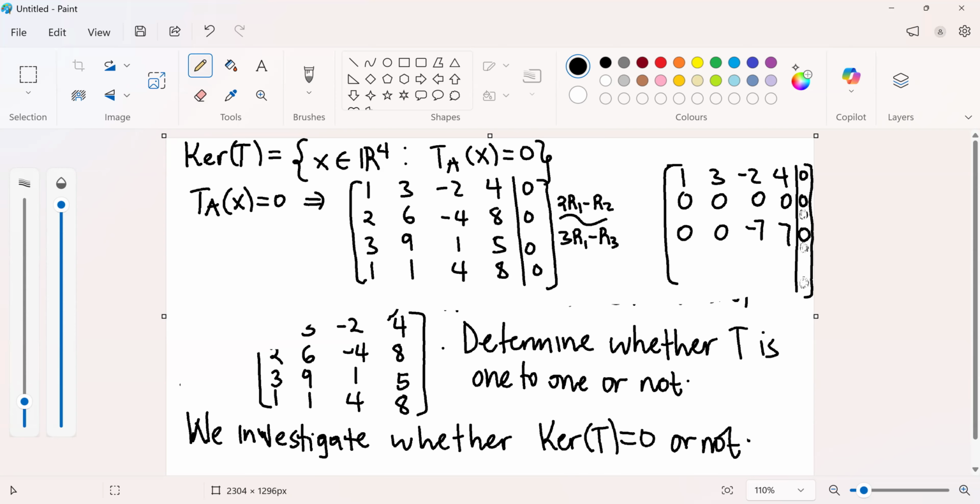Then for the last one, because it starts with a 1 and the upper one also starts with a 1, we subtract: R1 minus R4. This is a 0, then a 2, then a negative 6, then a negative 4.